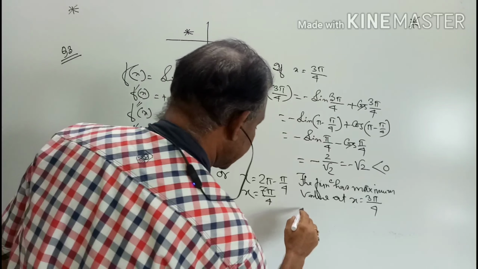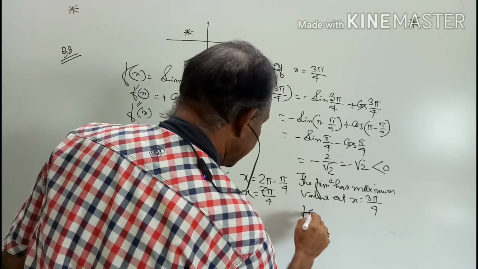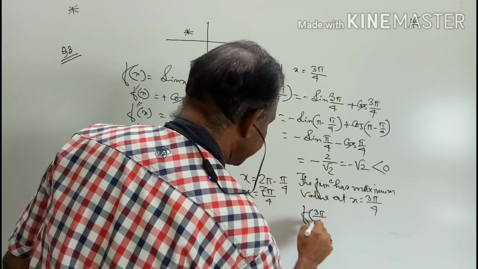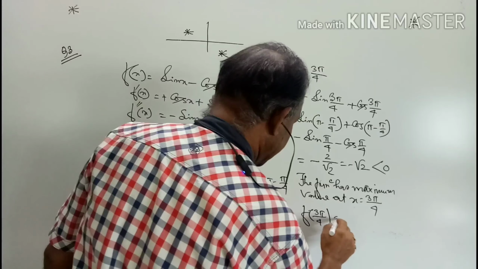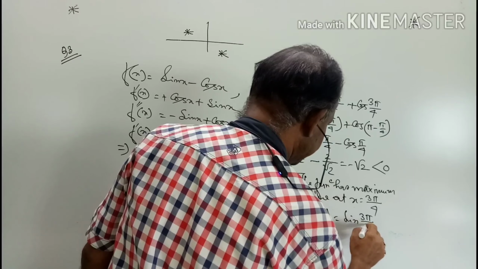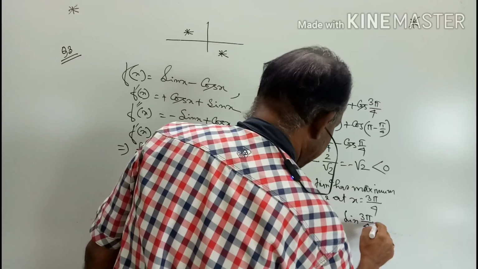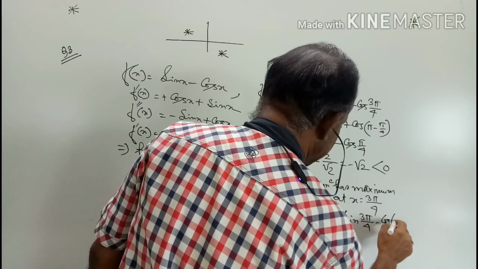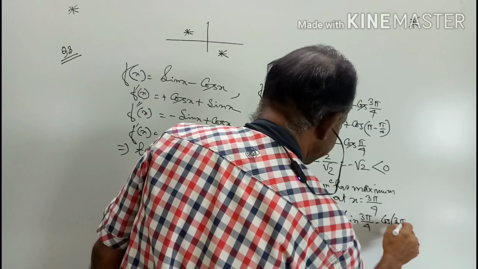Now f(x), f 3 pi by 4 equal to sin 3 pi by 4 minus cos 3 pi by 4.